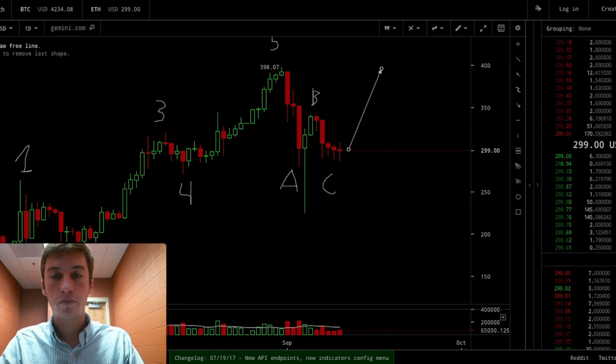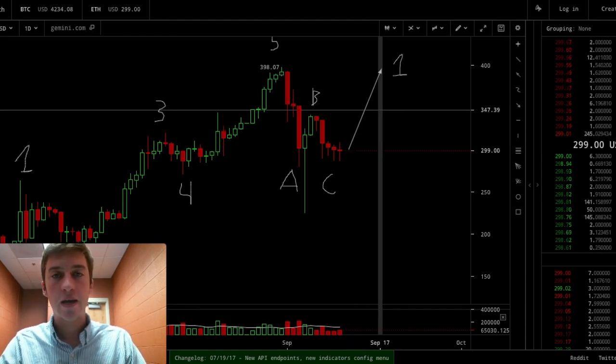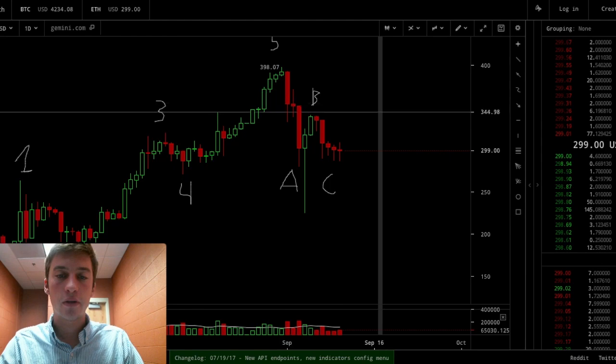Yeah, wave 1. Maybe wave 1 won't be that strong, but we'll see. So I think that's one variation that might occur. This is not bound to occur. This is not definite to occur in any way. I would just say that it's likely that price is going to create a new uptrend soon.